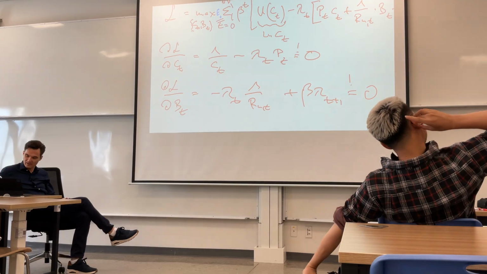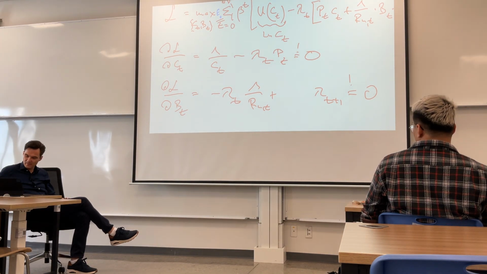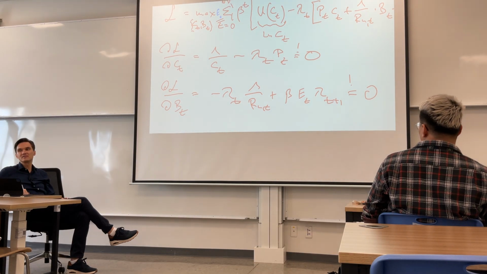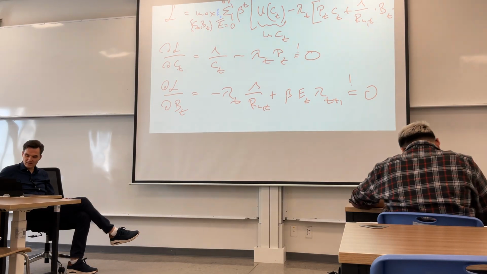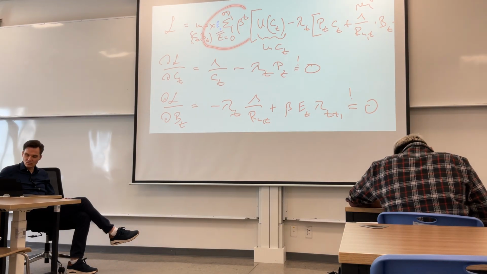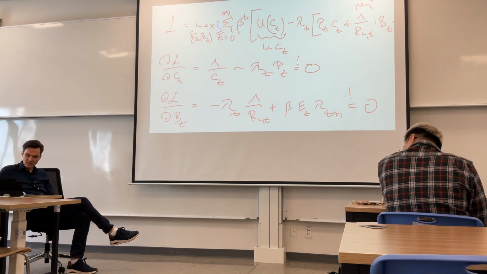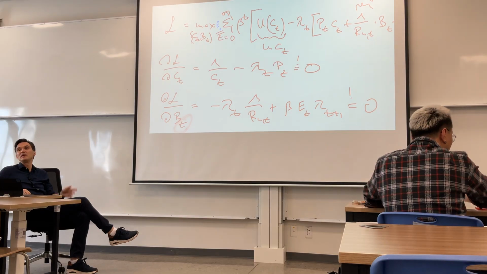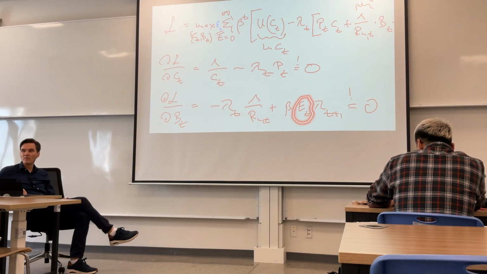In other words, this now is going to be plus beta E sub t, not E sub 0. Because again, this is from the perspective of the entire present value time going forward from 0 to infinity. And here we take first order conditions with respect to some period t. So that's why we use the information set at the time when we are taking these first order conditions. And that's why it's E sub t. Alrighty.